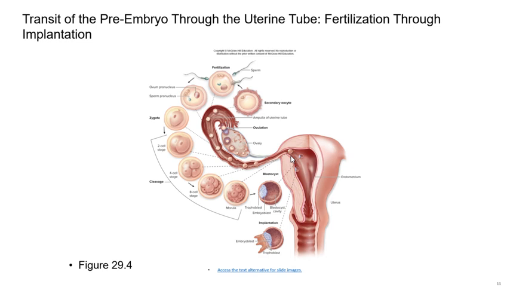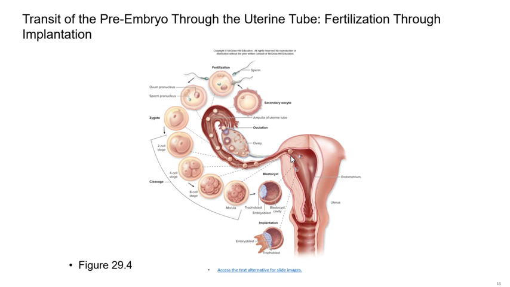Now, all of this that's occurred thus far, all of the duplication from 2 to 4 to 8 to 16, is occurring inside the fallopian tube. Okay, this is all occurring in the fallopian tube through the first several days after fertilization. So you can take this to mean that the size of this collection of cells can't be getting extremely large because it's still in a very small tube, right?